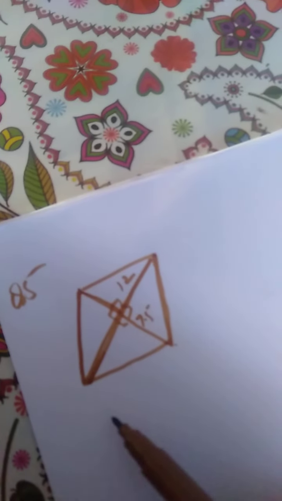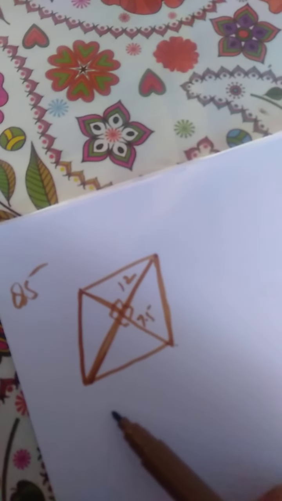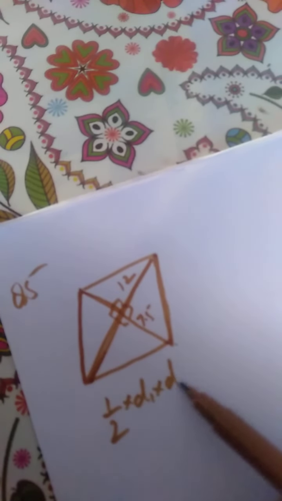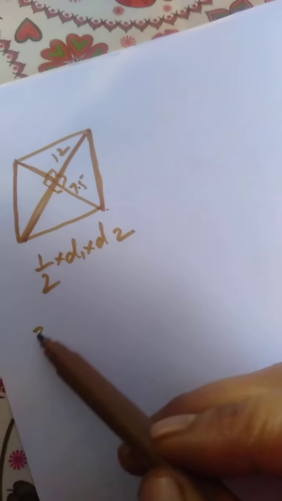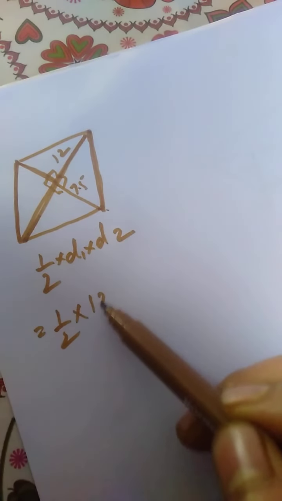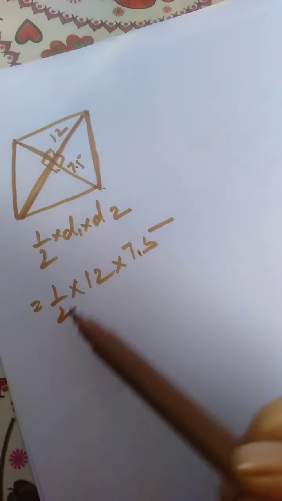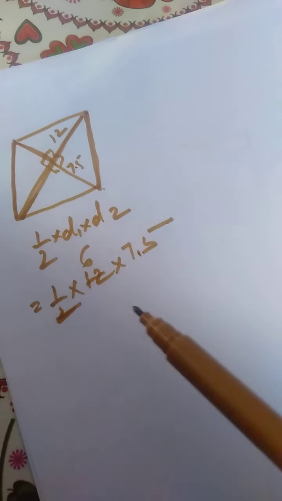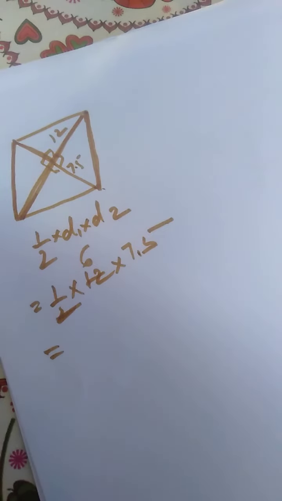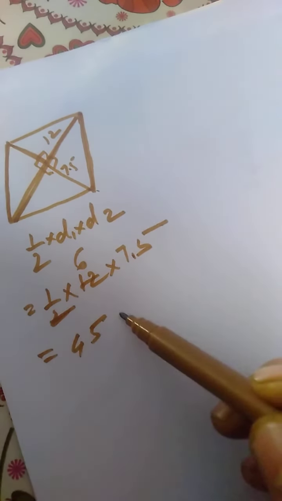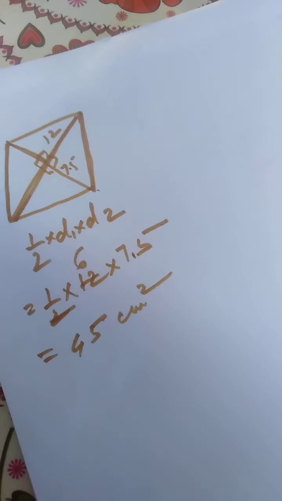So the formula comes to be half into diagonal 1 into diagonal 2. Using this formula, it equals half into 12 into 7.5. So 6 into 7.5 equals 45 centimeter square.